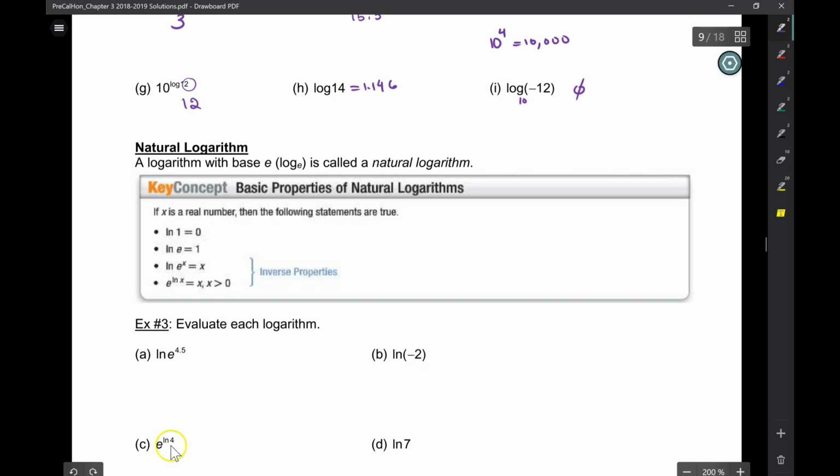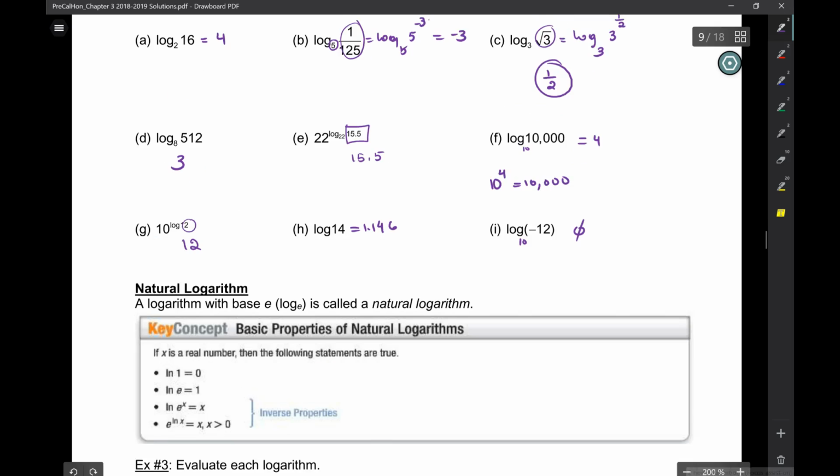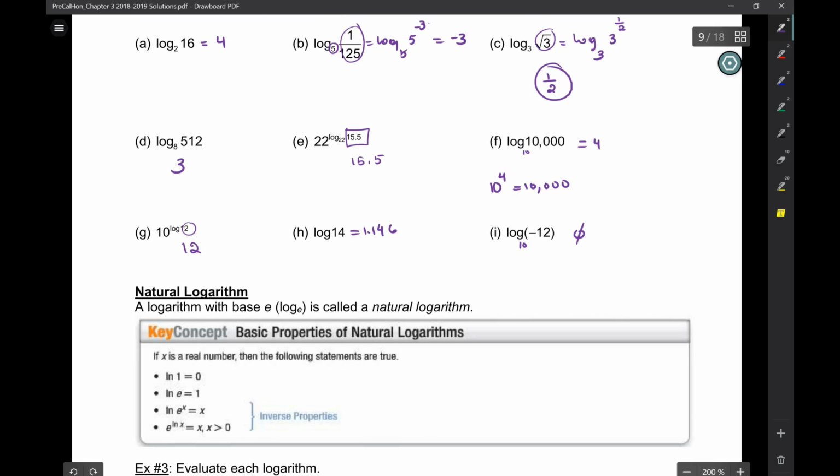Okay? All right. Now, we said 10 was the most common base, but the soulmate of the logarithm is e. The base e. In fact, they are so good together. There is just a natural relationship. So when the base of the logarithm is e, we call it a natural logarithm, or ln.